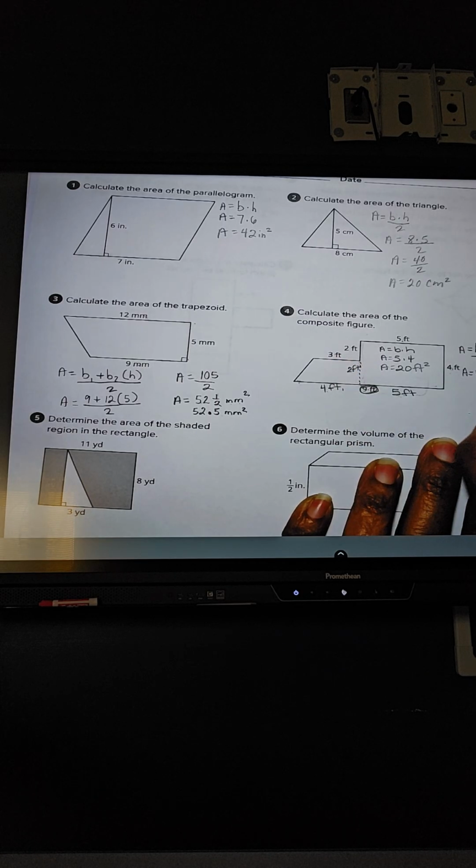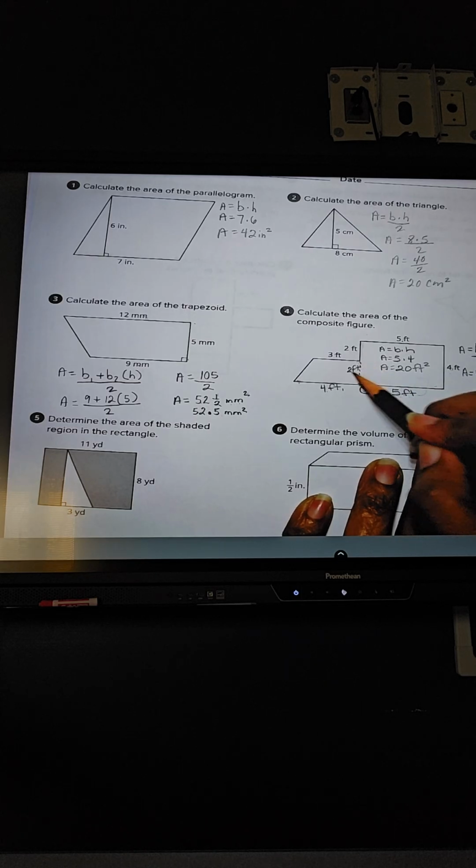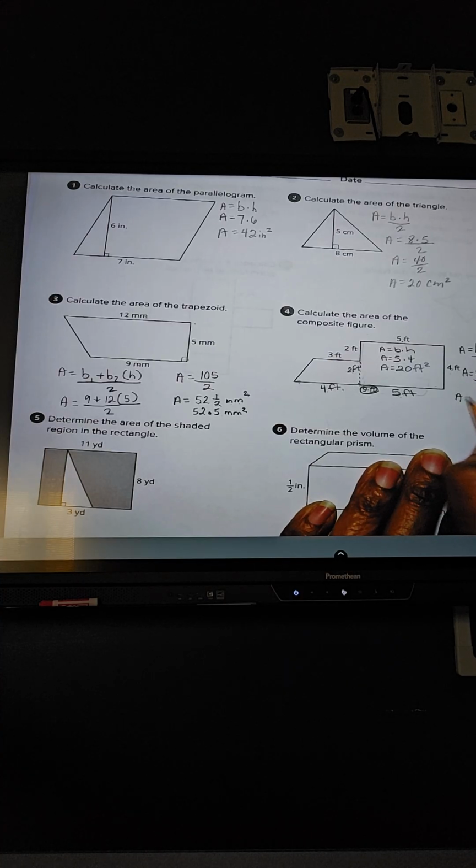So 4 plus 3, the height. How tall is this? From here to here is how tall it is, 2. And then divided by 2. Area equals 7 times 2 divided by 2. Area equals 14 divided by 2. Area equals 7 feet squared.